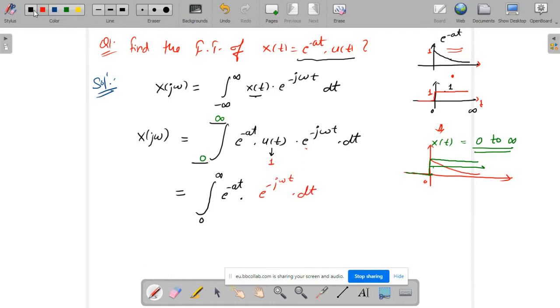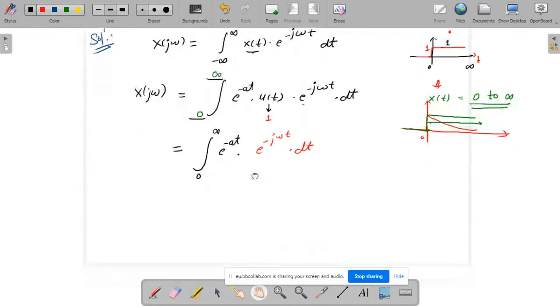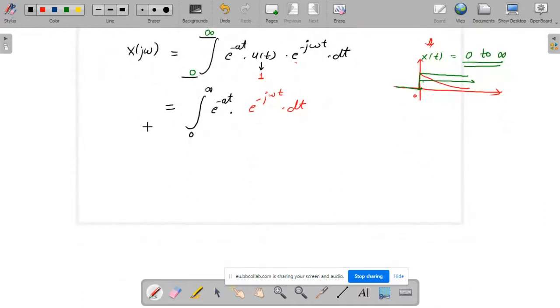Okay, now next point. In chapter number 1 you have seen e to the power a multiplied by e to the power b is what? a plus b. Now the same here.